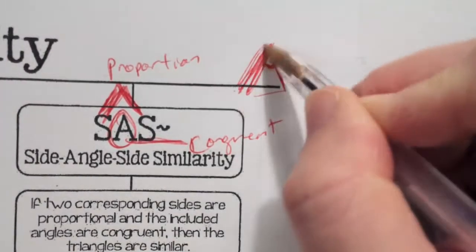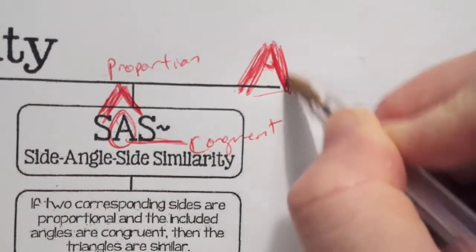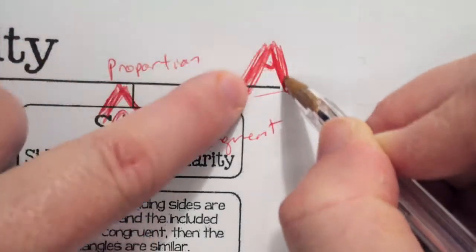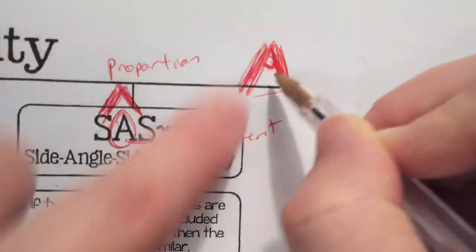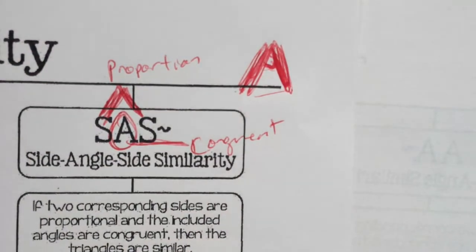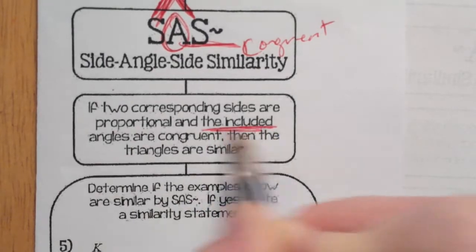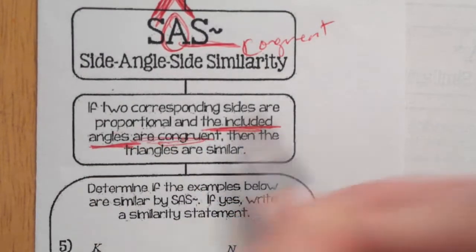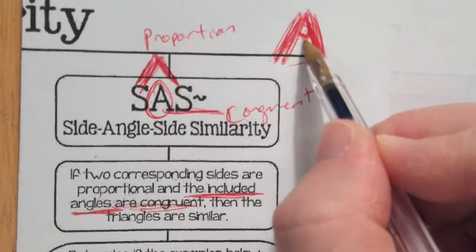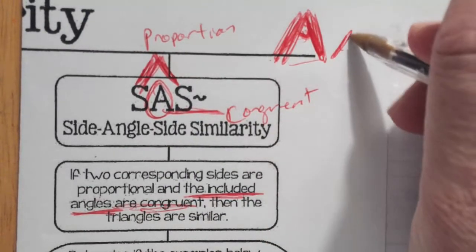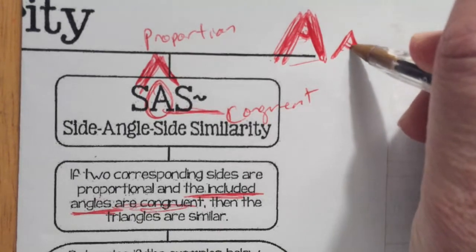So we're looking at these two sides and this angle right here in the middle, where it hinges, like where those two sides meet, that angle has to be equal. Okay, so if two corresponding sides are proportional and the included angle is congruent. So included meaning where the two sides met.